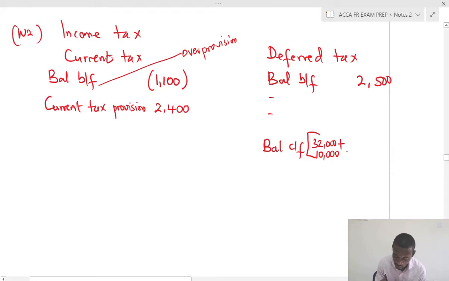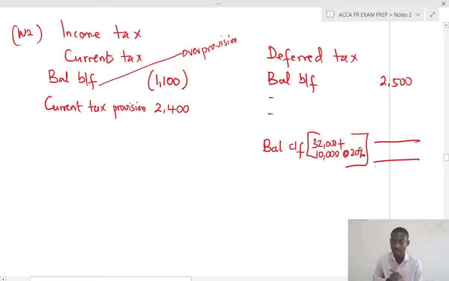Now, in this 8,400, a portion of which will not go to P&L because it will go to OCI, because the revaluation gain would go to OCI, and therefore the related deferred tax should also pass through OCI. So I'll scoop that out of this total so that I can actually know the movement in deferred tax that will go to P&L.